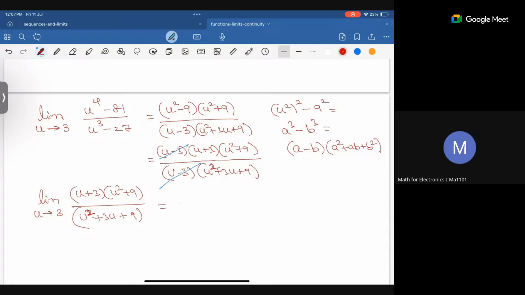So this will evaluate to f of 3, that is 3 plus 3 into 3 square plus 9 divided by 3 square plus 3 into 3 plus 9, right? So you just have to simplify it. So 6 into 18 divided by 18 plus 6, 24, so 6, am I correct? 4.